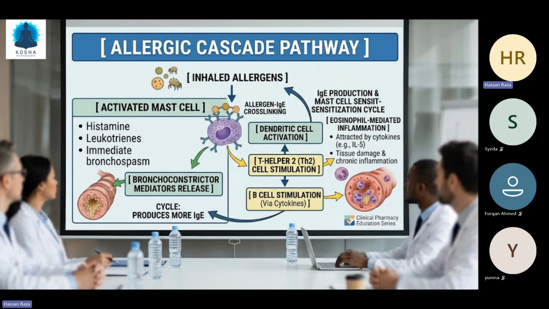They will do three things. They release interleukin 5, which causes increased production of eosinophils and eosinophil-mediated inflammation, which damages our tissue and causes chronic inflammation. They stimulate B cells, and they also activate antigen presenting cells, the dendritic cells.